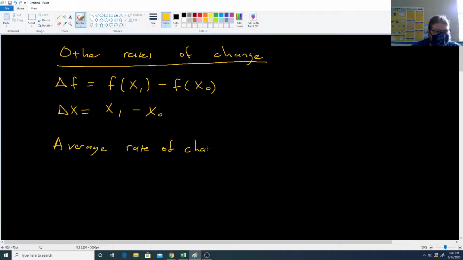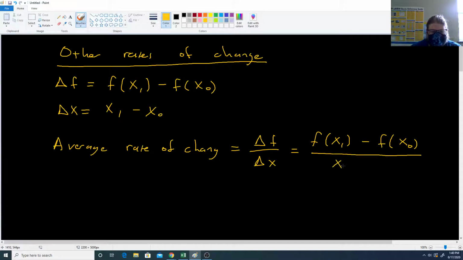The word rate of change stands in place of velocity. This would now equal delta f over delta x, which equals the f function evaluated at x1 minus the f function evaluated at x naught, all over x1 minus x naught.